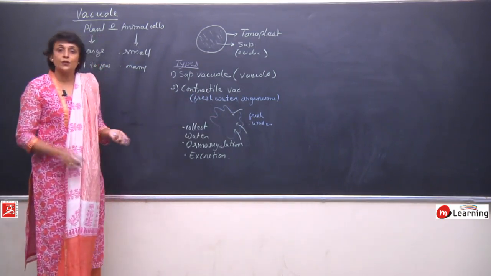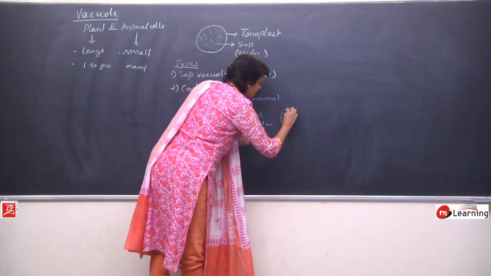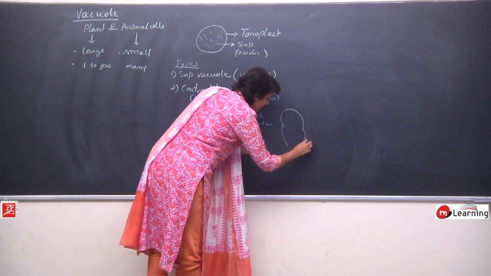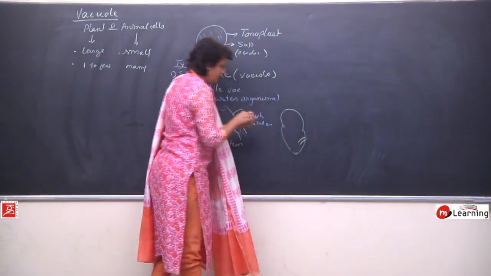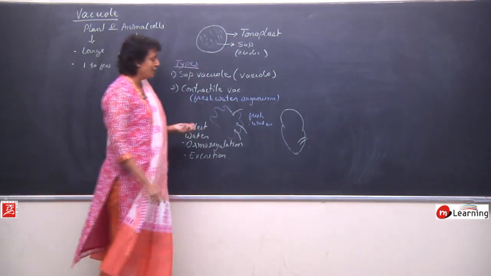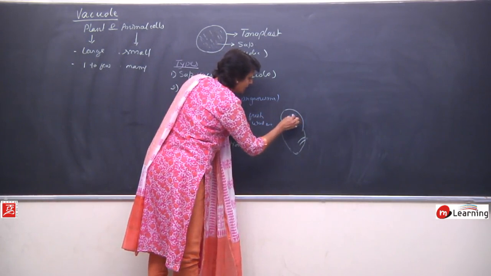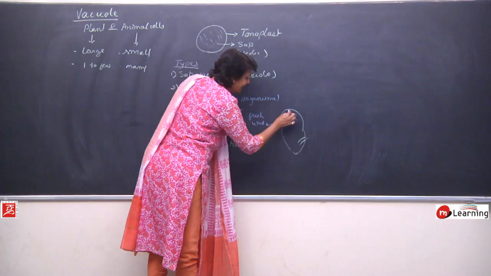If you remember the structure of paramecium, the slipper animalcule, there is a gullet here, and we draw two contractile vacuoles here. Normally these contractile vacuoles are made up of a central vacuole and many radiating vacuoles.